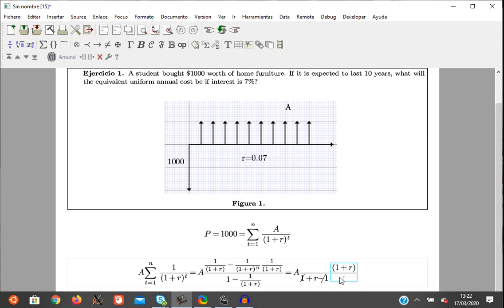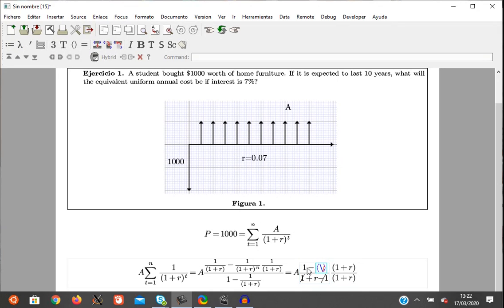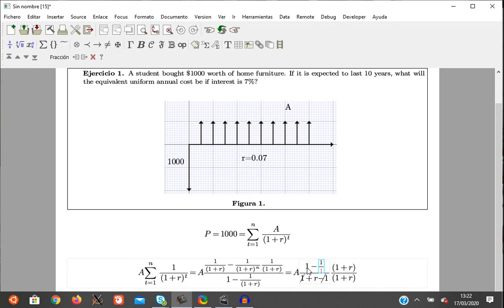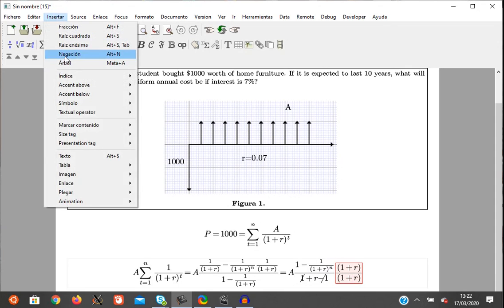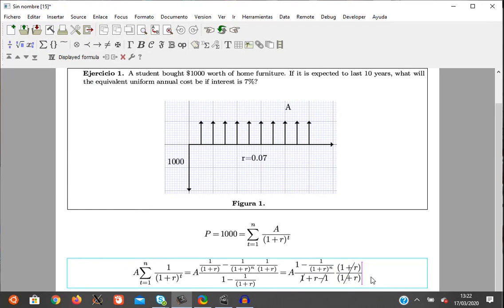Now we have the expressions quite simplified, because we can also get rid of this expression. Okay, and this is equal to A times, okay, we have r here, and here we have 1 plus r up to n minus 1, and the remaining term has to be taken here, 1 plus r up to n.